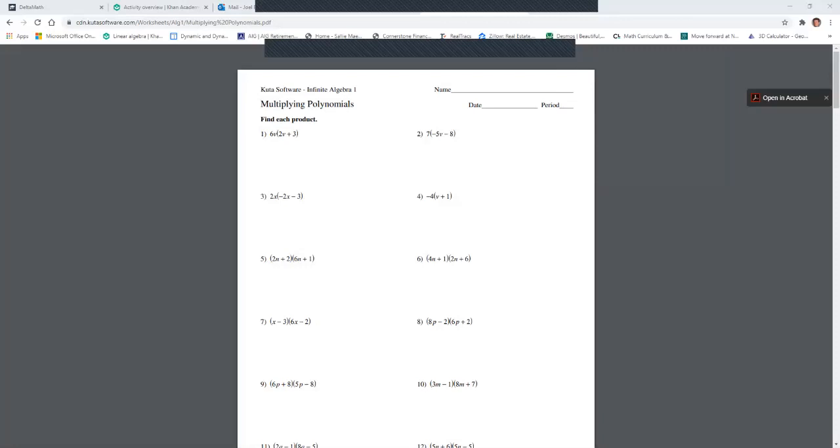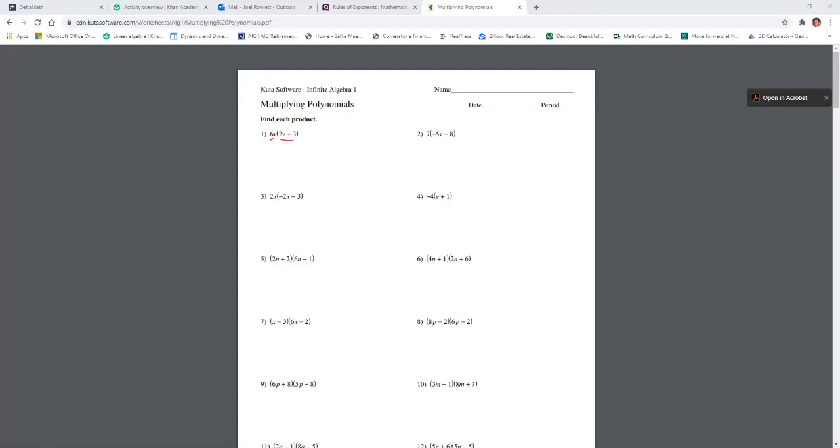So on problem number 1, I have a monomial being multiplied by a binomial. And if I multiply or distribute the 6v across both of these terms, 6v times 2v, and then I'm going to multiply 6v times 3. So 6v times 2v is going to be 12, because 6 times 2 is 12.